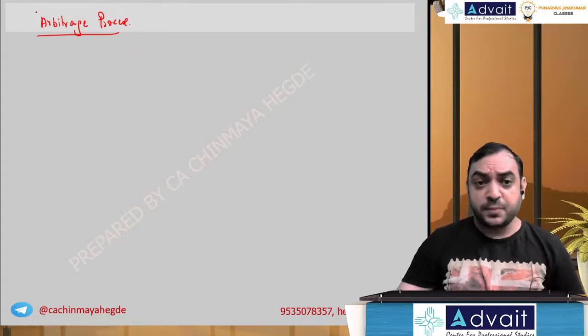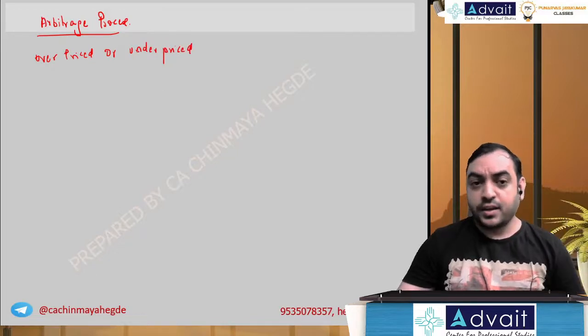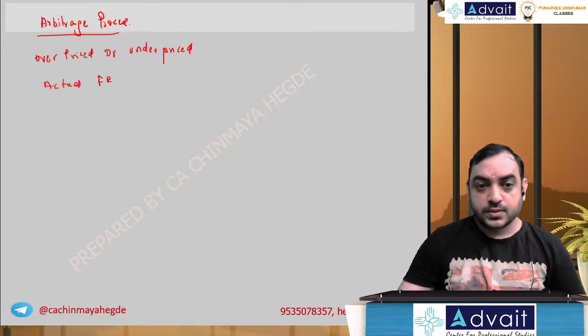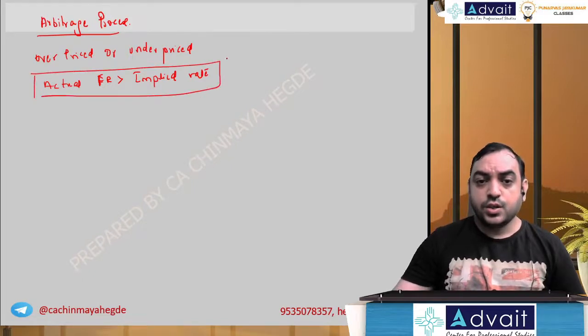The first step: is it overpriced or underpriced? Always check it. How do you compare? If the actual forward rate is more than the implied forward rate, then you say it is overpriced.